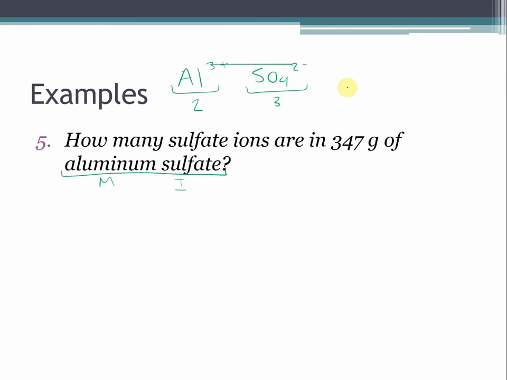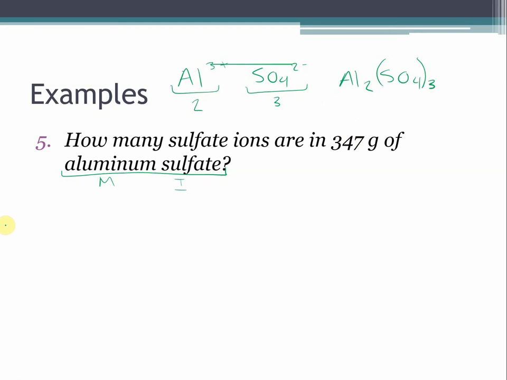So that means that the formula here is Al2 SO4, but since we need 3 of this polyatomic ion, we will put it in parentheses and then give it a 3. So now that we have our formula, we can get to work.